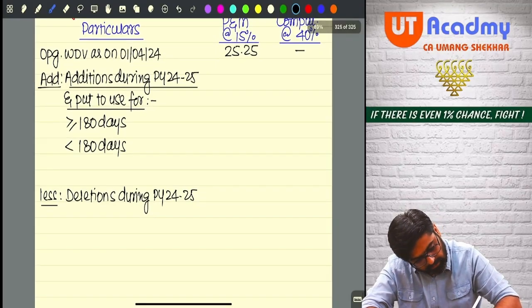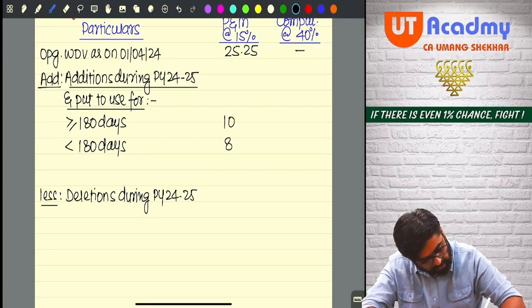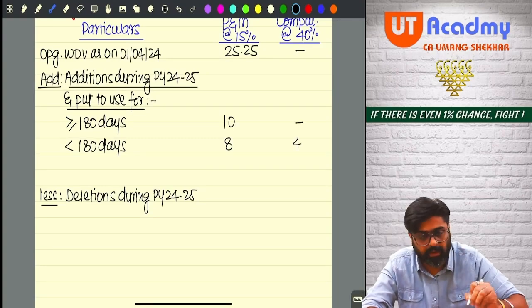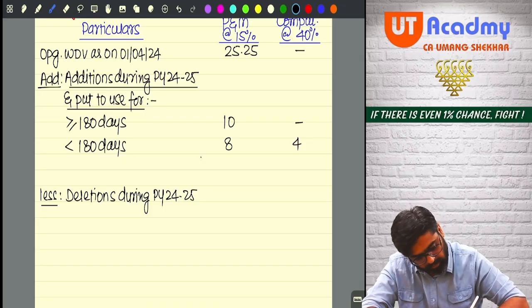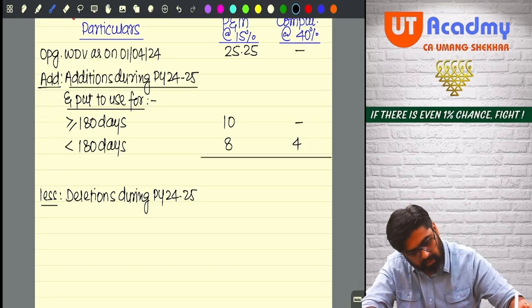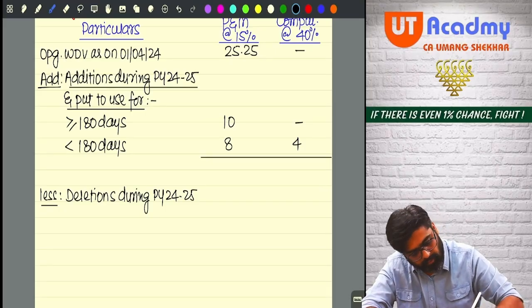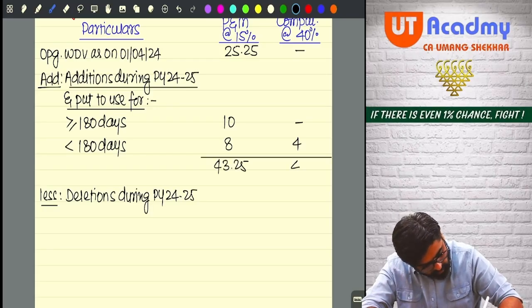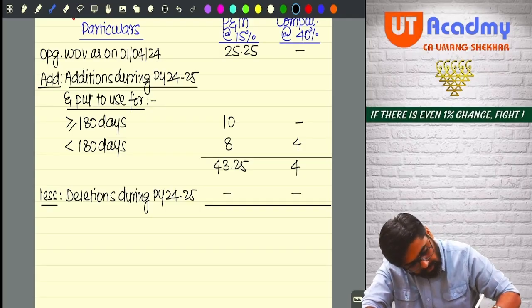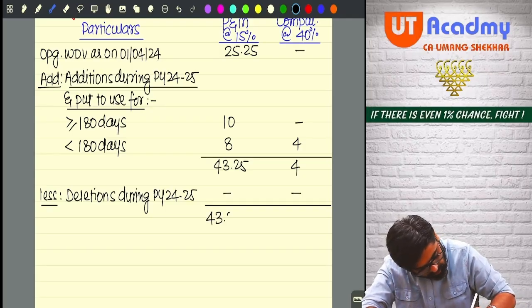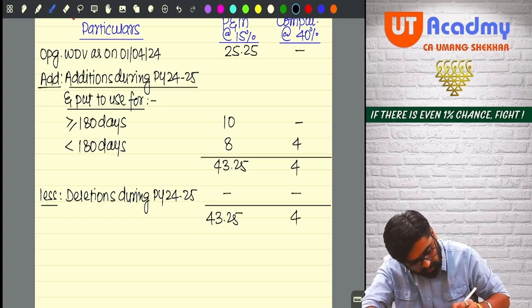Here I will write 10. Here I will write 8. And here I will write 4. Any problems till here? No problem, sir. Very good. So 25.25 plus 18 will give me 43.25 here. And here it will be 4. No deletion, sir. So the depreciable value will be 43.25 and here it will be 4.